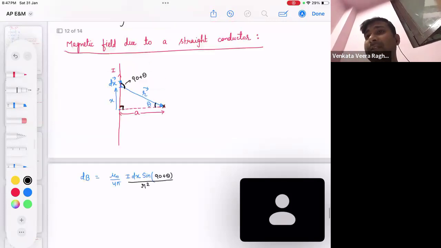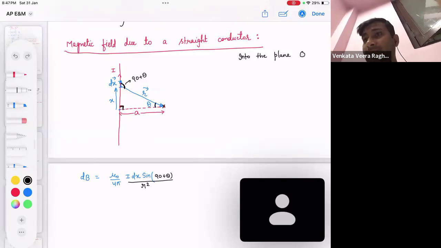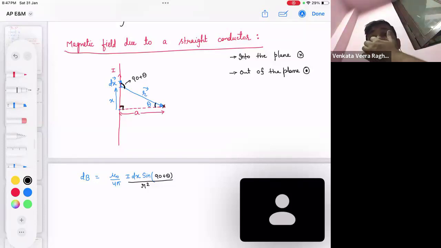So into the plane is represented as a cross, and out of the plane is represented as a dot. So you see that every element is creating the magnetic field in the direction into the plane at that point.